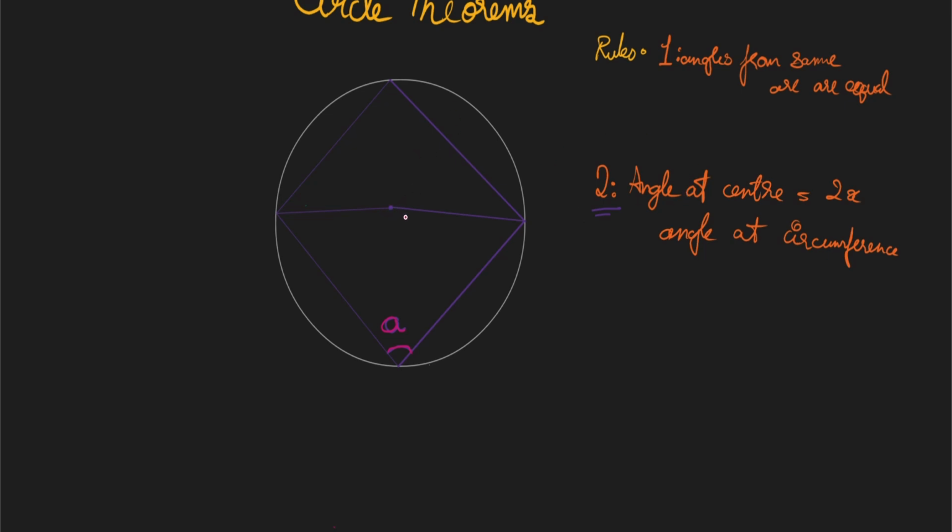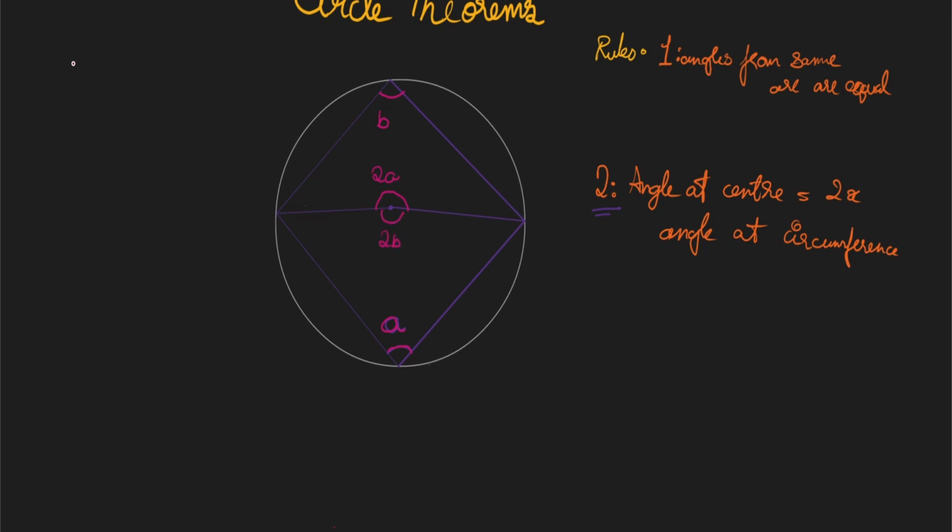Now you might think that this is the angle at the center, but it's actually this. This would be 2A. And it needs to be facing the same direction, it needs to be corresponding. Now let's call this B. And again, same rule, so that would be 2B.